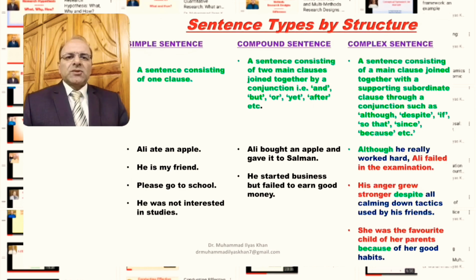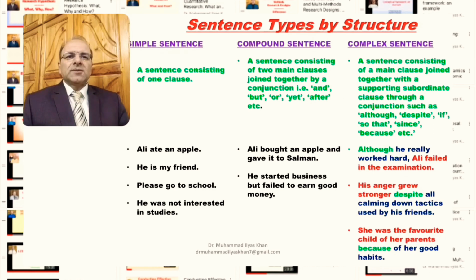He was not interested in studies. All of these sentences have one clause. There is a subject in each of these sentences, and then there is a predicate, and the predicate consists of a verb and the description of the verb. So these are examples of simple sentences.